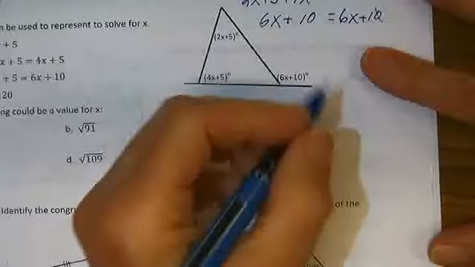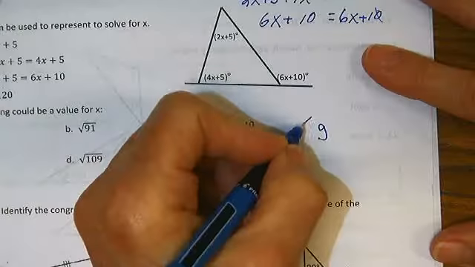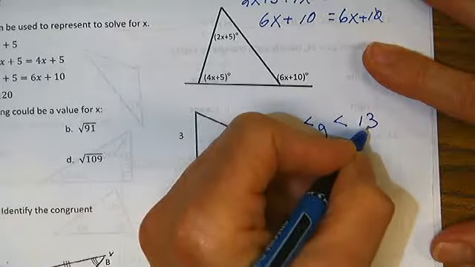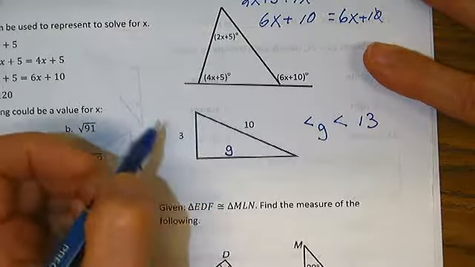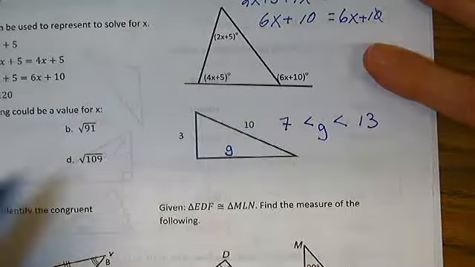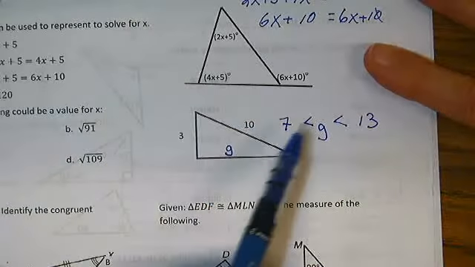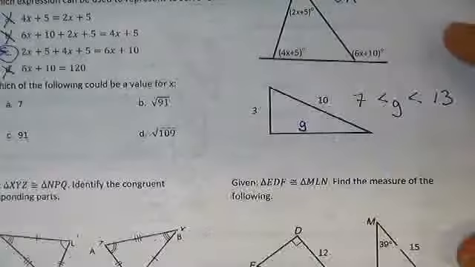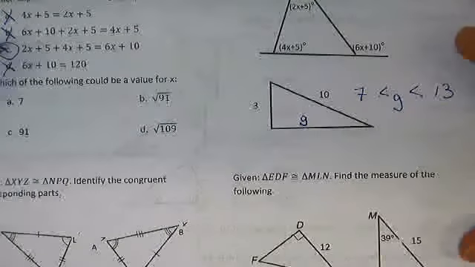So G has to be between 13 and 10 minus 3 is 7. So anything bigger than 7 and smaller than 13 is a good answer.